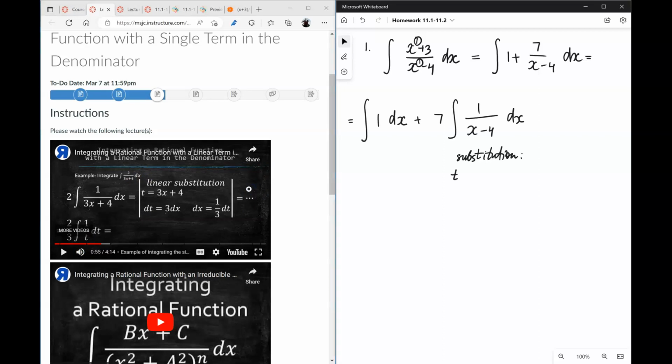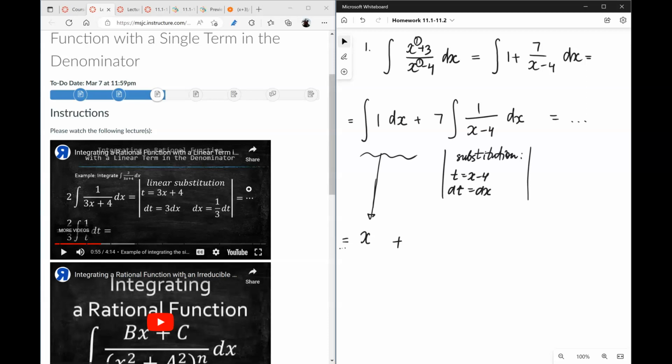We're going to set t equals 2x minus 4, so that dt is equal to dx. And now this integral becomes, the first part is x. We're just going to put plus c at the very end, so this becomes x.